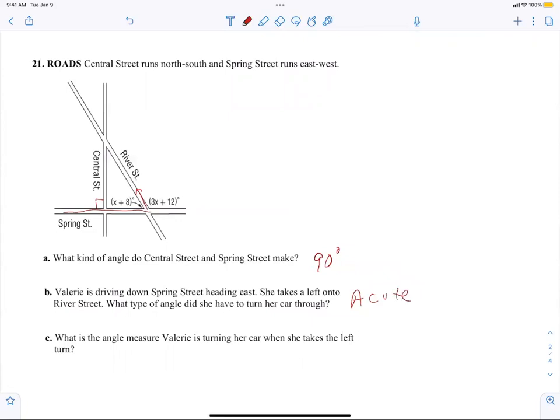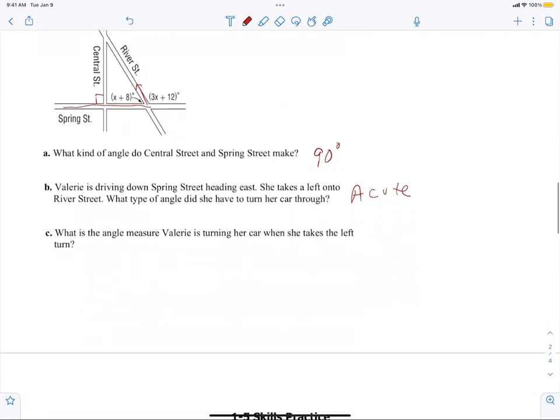Okay, so now they want you to calculate what that angle is. And how do I calculate that angle? How do I write that equation? Come on, this relationship. So you put x plus 8 next to 3x plus 12.